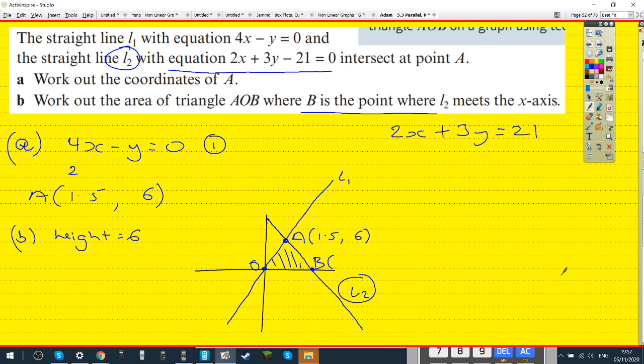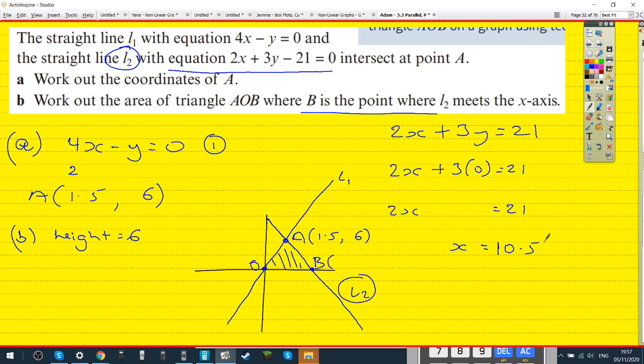So it'd be 2x plus 3 brackets 0 equals 21. So it'd be 2x plus 0 equals 21. So it's 2x equals 21. And then we divide by 2 on both sides. So 21 divided by 2, which is 10.5.